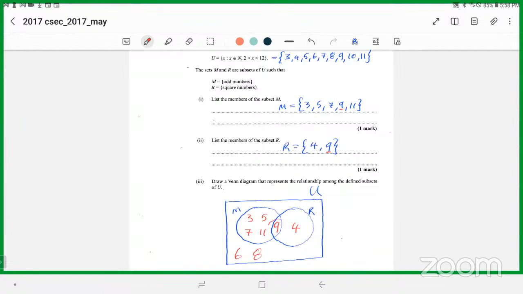We have 9. We don't have 10. So basically, these are the even numbers that are coming out here. So it is 6, 8, 10. The reason why 4 ended up in here is because it is an even number, but it's also squared. And so we have accounted for all the values there. All right?